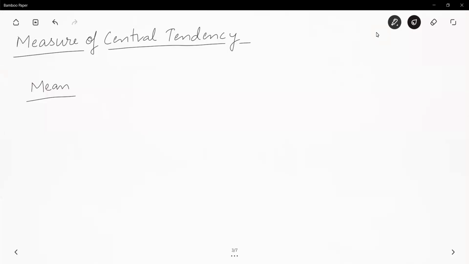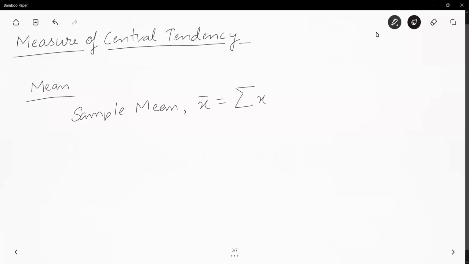Okay, this is denoted by two things. If it is a sample mean, suppose I take data from a sample, it is denoted by x bar, and the formula is summation of xi divided by n.